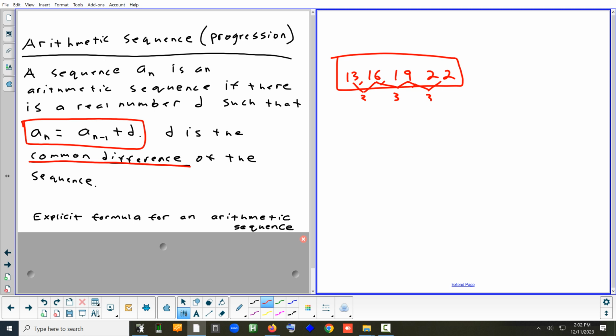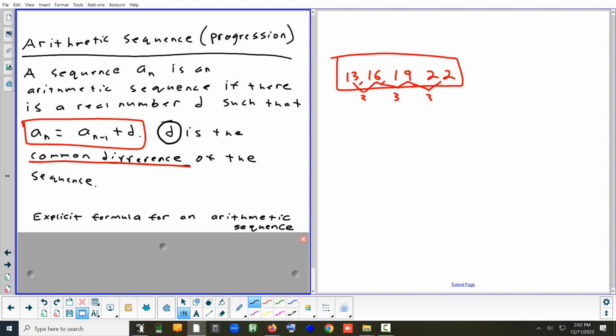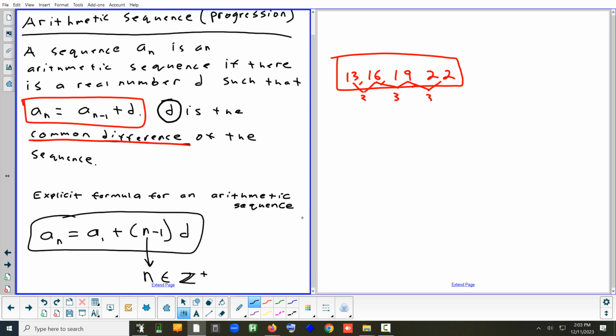Yep, so you need to know what you're adding each time. That's your common difference. And there's one other thing you would need to know: your starting number, where you start. Those are the two things you need to know. So that's why in this formula there are two things. A sub 1 is where you start, and D is what you add each time.